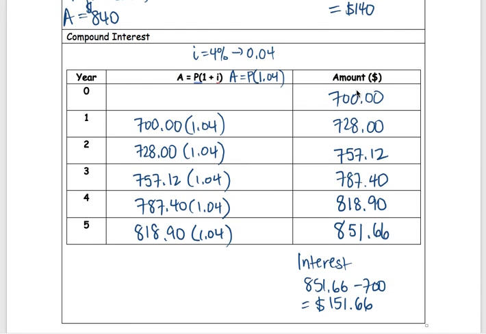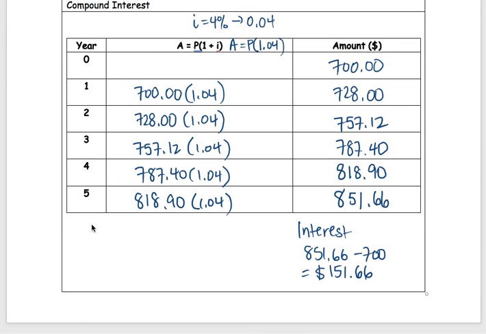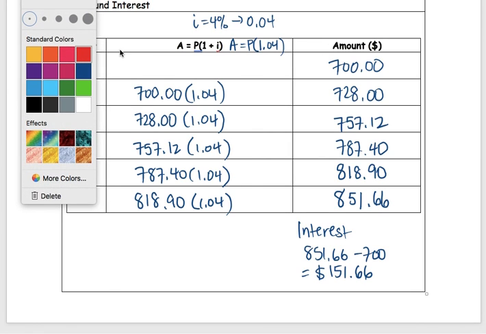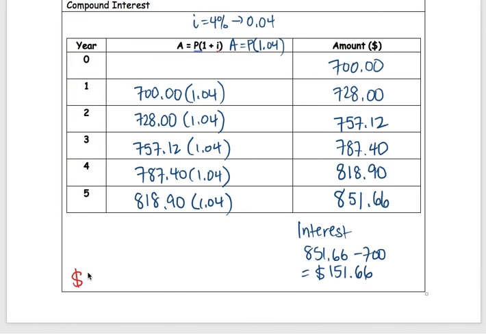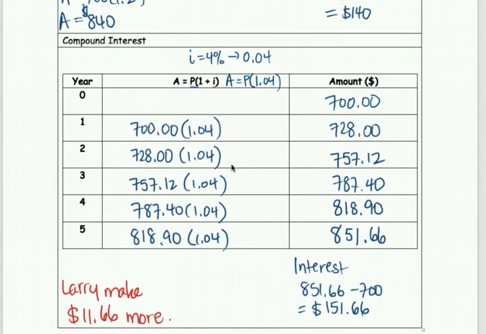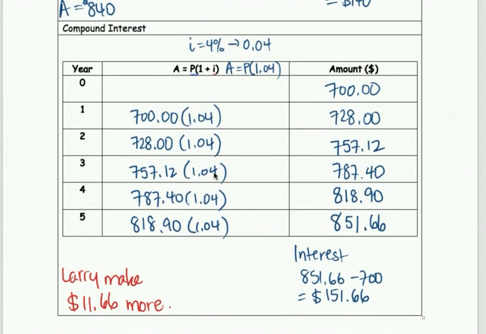So in the end, he ended up making how much more? So it ended up being $11.66 more, okay? So since he makes $11.66 more, this is the better account.